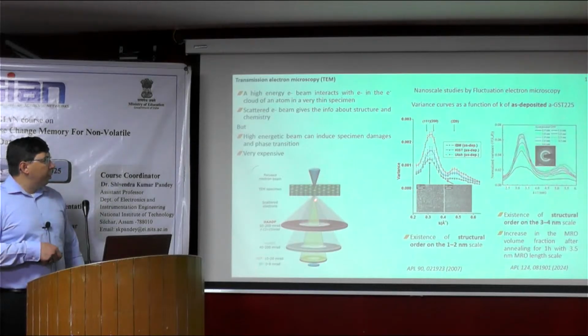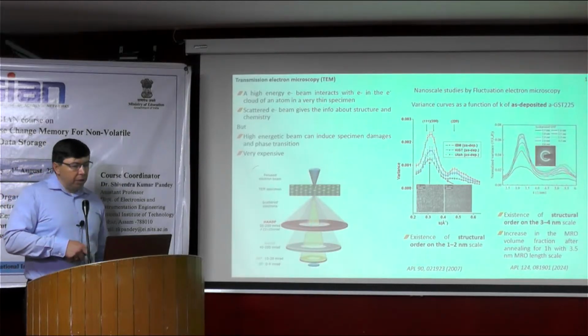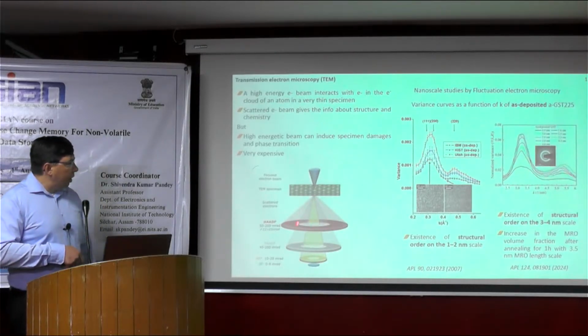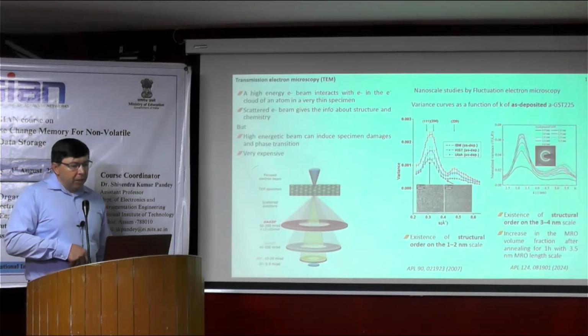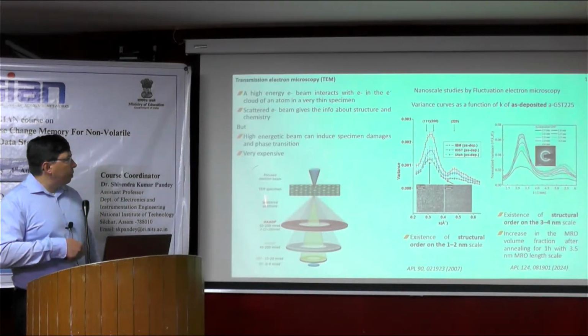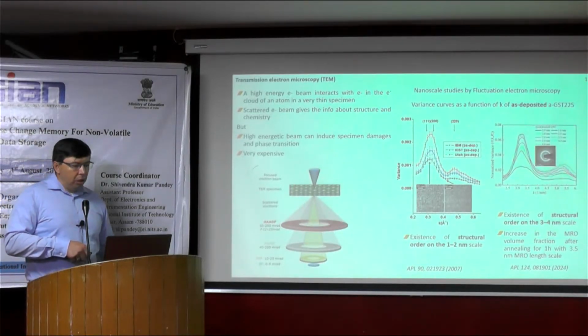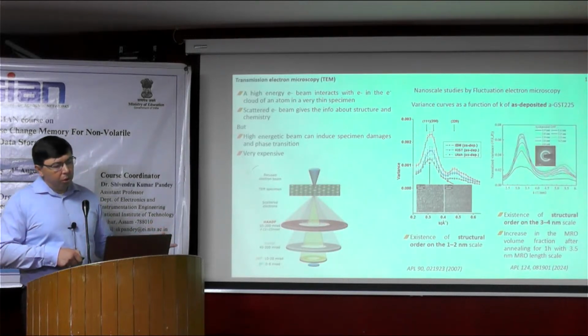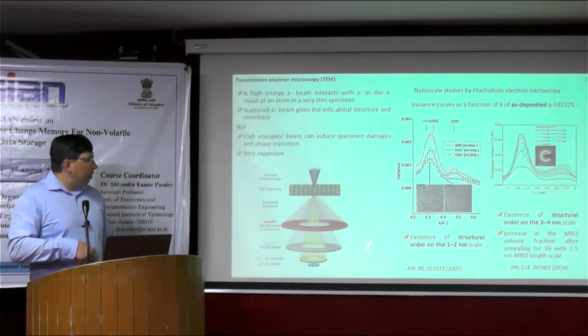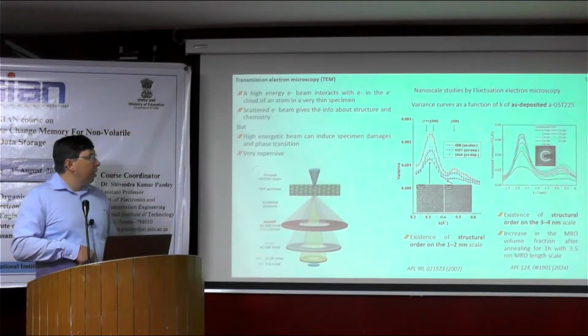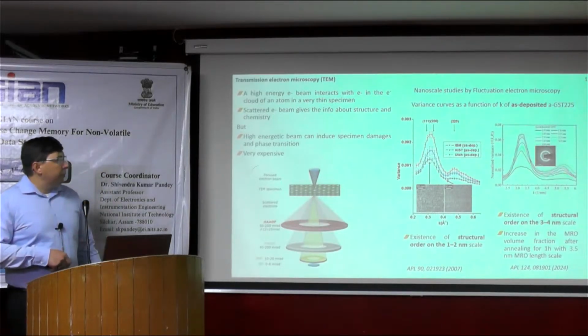You have several scattering events underneath the specimen, and you can collect these scattered electrons and then study your material. In the case of TEM, you can study the local structure and chemical composition in one method, in one setup.